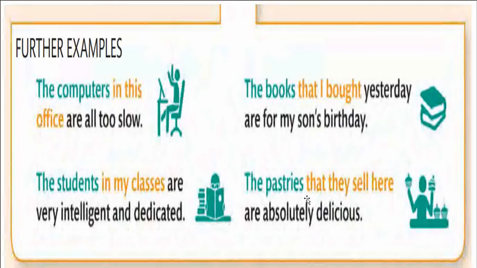The pastries that they sell here are absolutely delicious. At this moment, I request you to pause the video and construct a few sentences using either prepositional phrases or relative clauses for specification.